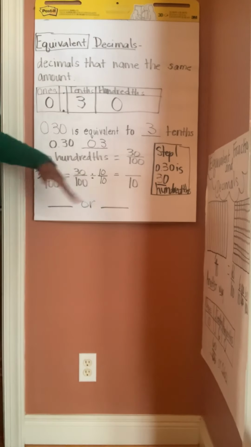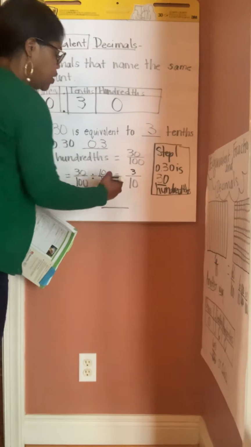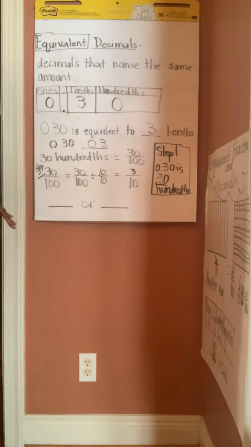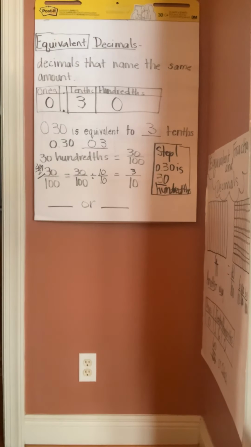So 30 divided by 10 is 3. 100 divided by 10 is 10. 30 hundredths equals the same as 3/10. If you think about it as money, if you have 30 cents out of 100 cents, you can have 3/10 or 3 dimes. Okay, so 30 hundredths equals the same as 3/10.